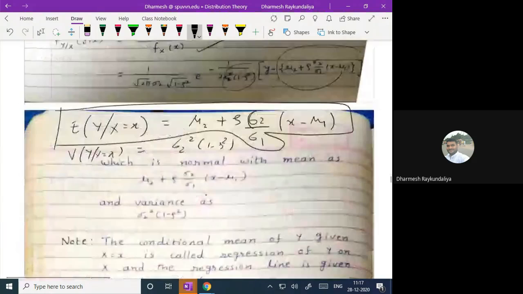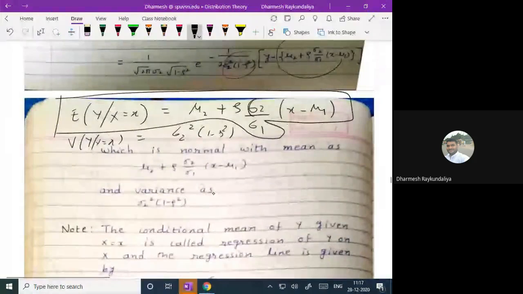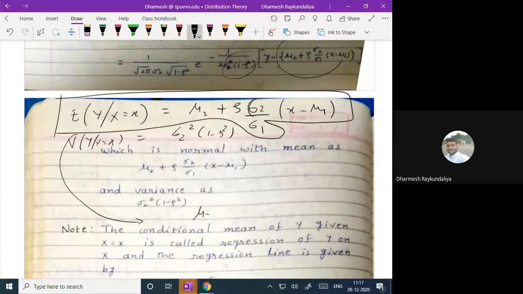Okay, but can you see this form is somewhere we have seen? If I say mu 2 is alpha, and this coefficient is beta, then it is alpha plus beta (x minus mu 1), where mu 1 is the mean of x, say x bar.